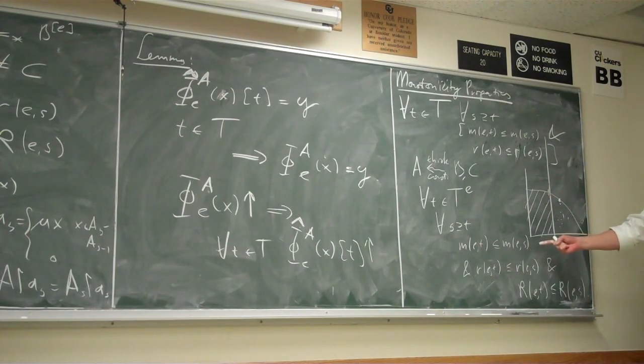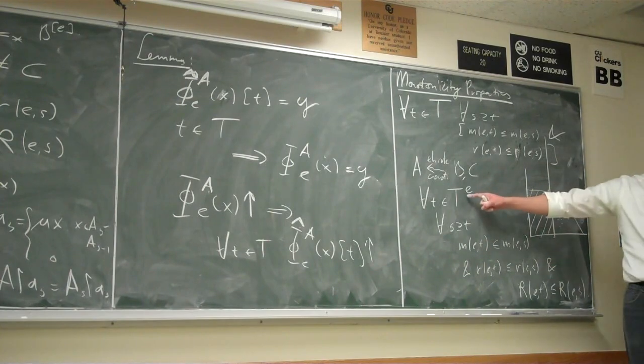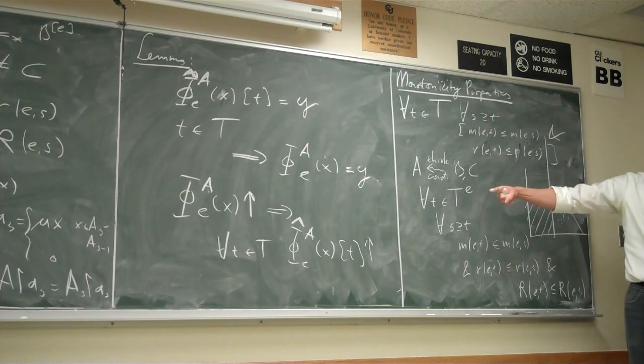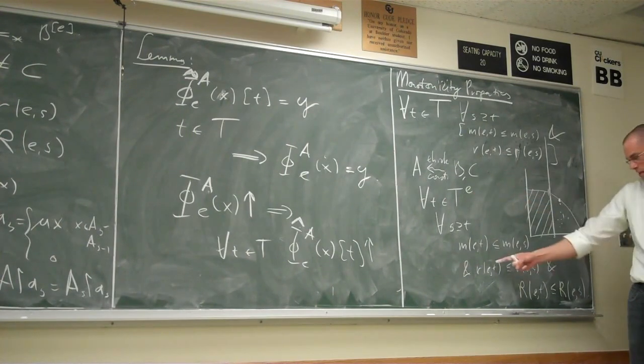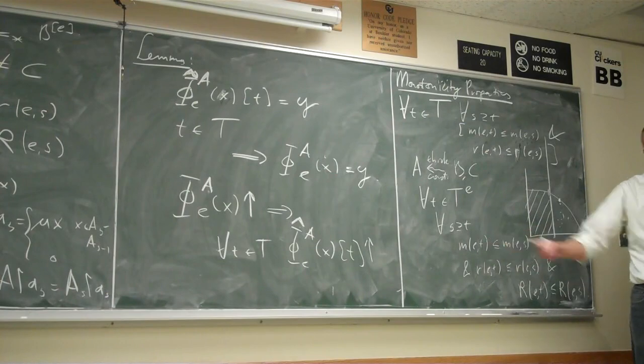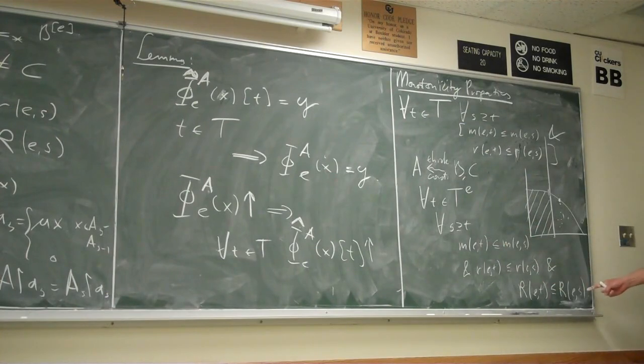The length of agreement that we had is forever preserved. It's increased, or it could increase later, but it can't decrease. The restraint can't decrease, and because a true stage for the eth column is also a true stage for the e minus first column and all earlier columns, you get the same thing for all the earlier restraints, and therefore you get the same thing for the maximum.